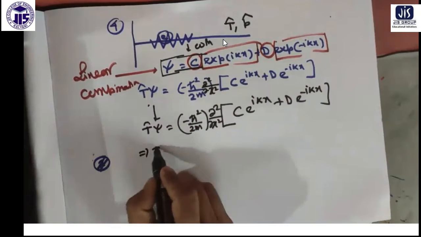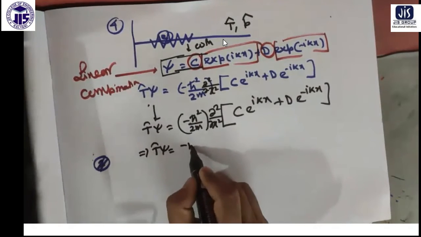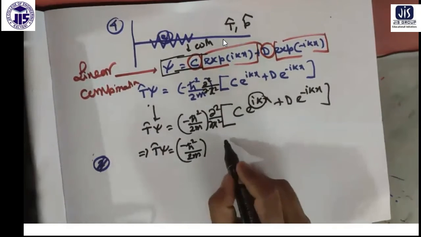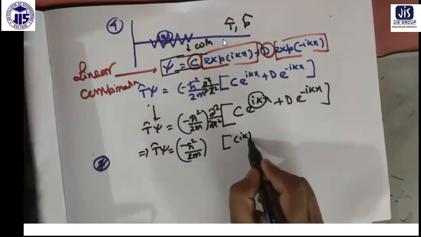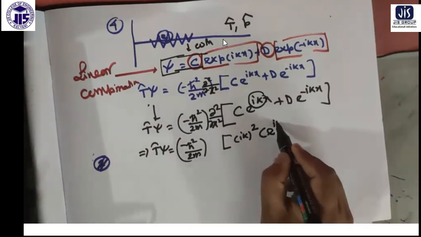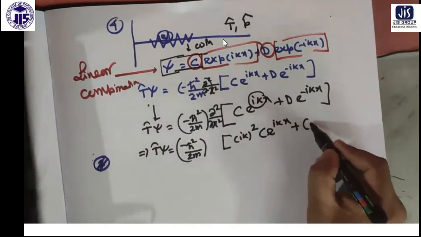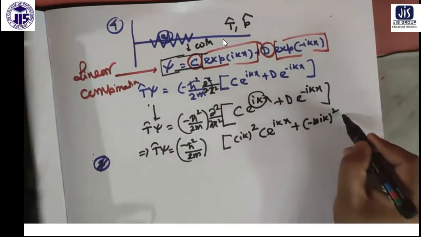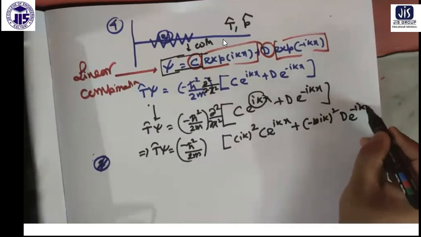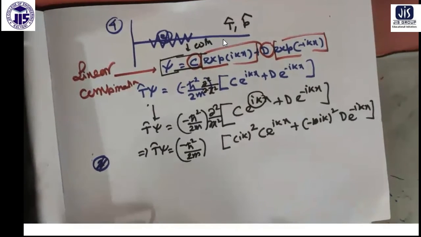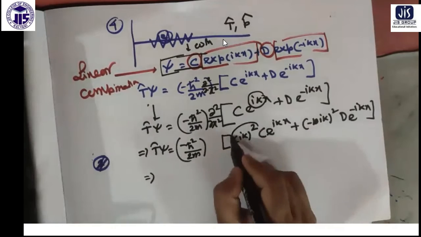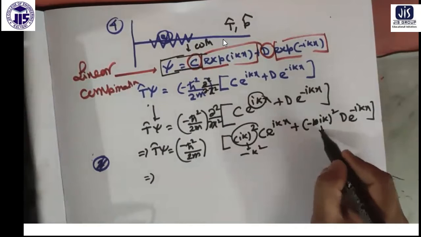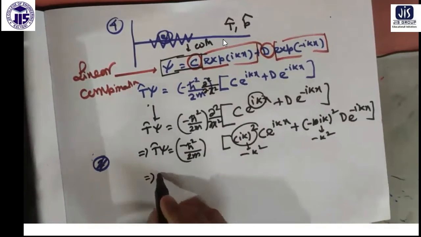The double derivative will give you ik square C e to the power ikx, and the next one will give you minus ik square D e to the power minus ikx. So ik square gives you minus k square, and this is also minus k square, so it can be taken common outside.